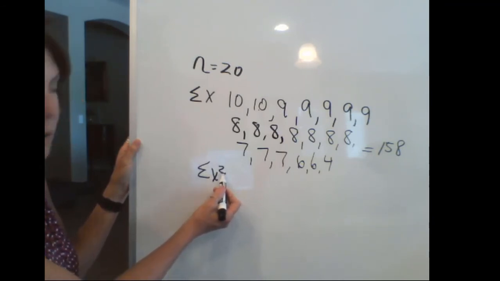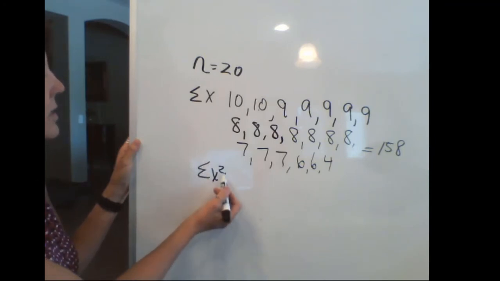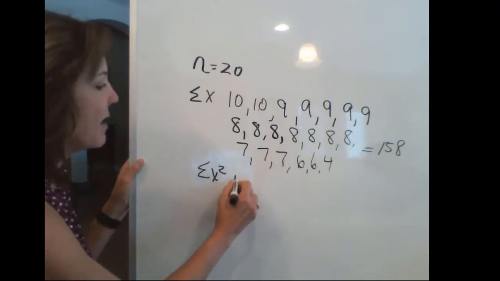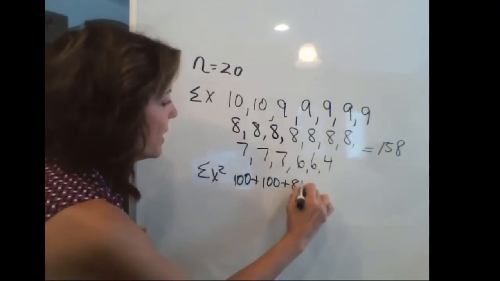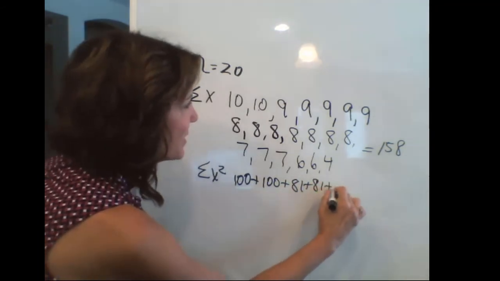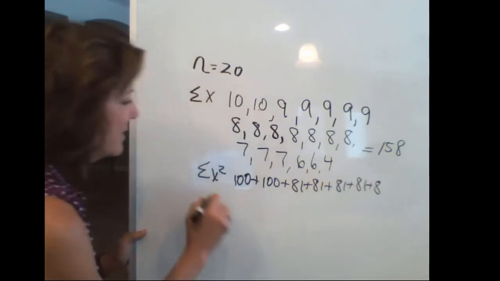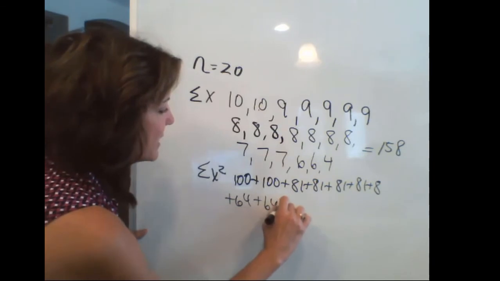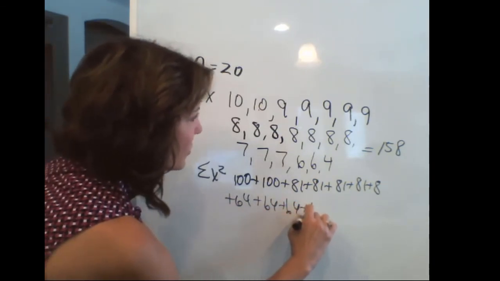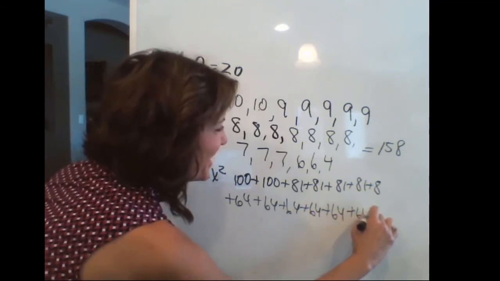Our next direction was to sum up all the squared scores. I know I have to square first because of PEMDAS. Exponents come before addition. So I have to square each score and then add them up. So I have 100 plus 100 plus 81 plus 81 plus 81. You get the picture. Plus 81 plus 81 plus 64 plus 64 plus 64 plus 64 plus 64 plus 64 plus 64.